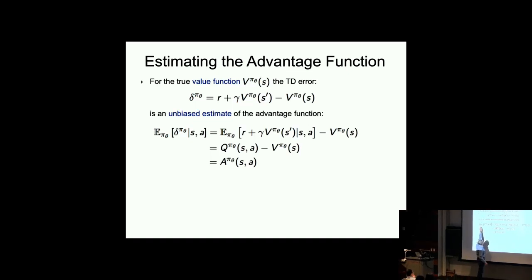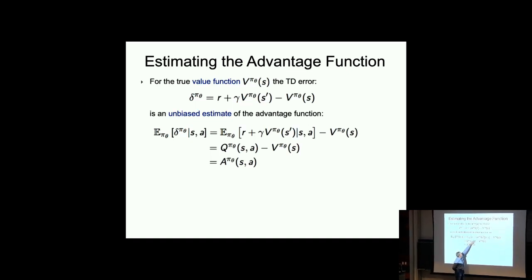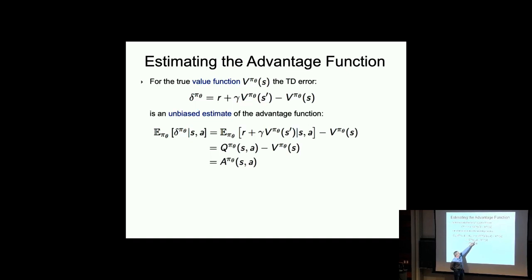And so the expected value of this quantity is really the expected value of the observed reward plus gamma times the value of whatever state we actually end up in. But this is effectively a constant that's not influenced by that non-determinism. And then we do know that the expected value of this is the definition of our Q function. And so you can see that the expected value of this quantity as we sample it is exactly the value of the advantage.